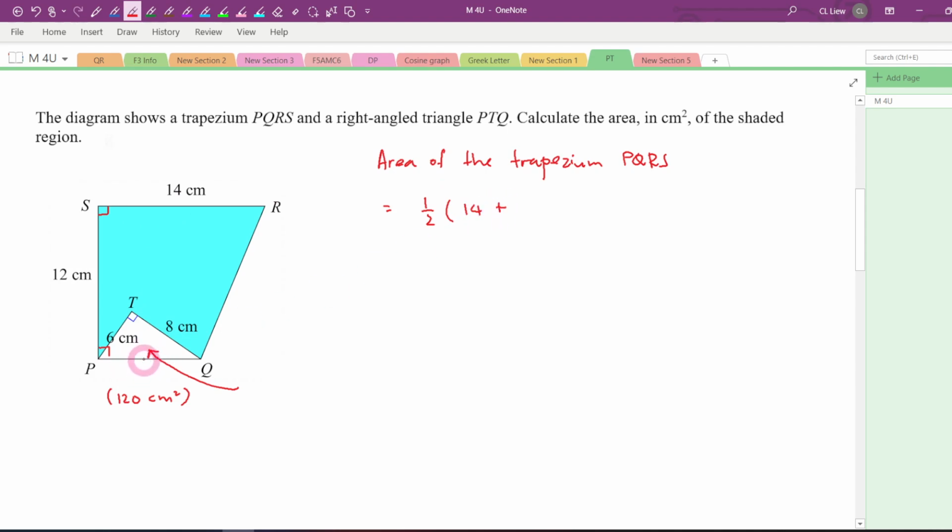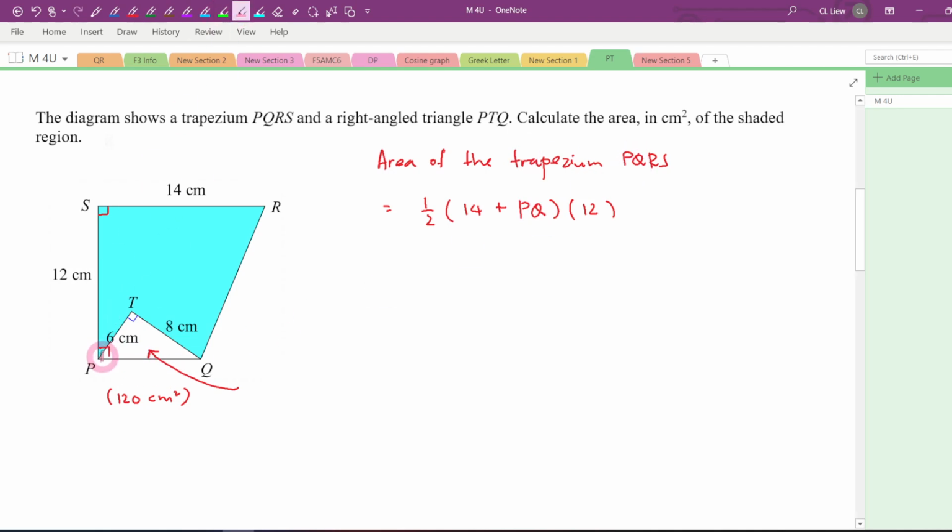We don't have PQ, but it's okay. Let me write PQ over here first, and then times the height, the perpendicular height. But now we have a problem. We don't have PQ. So let's find PQ first. How do we find PQ?